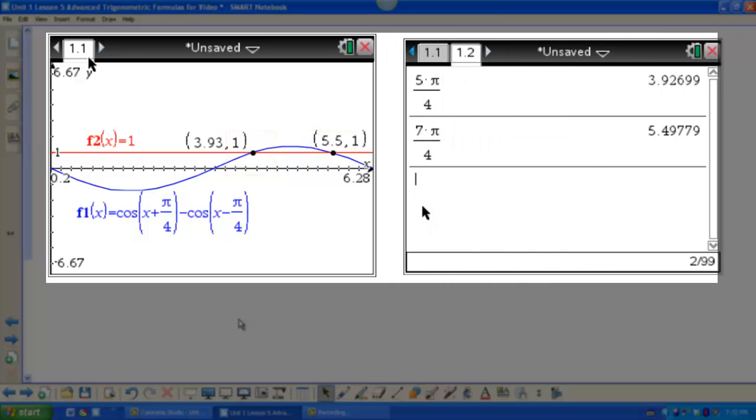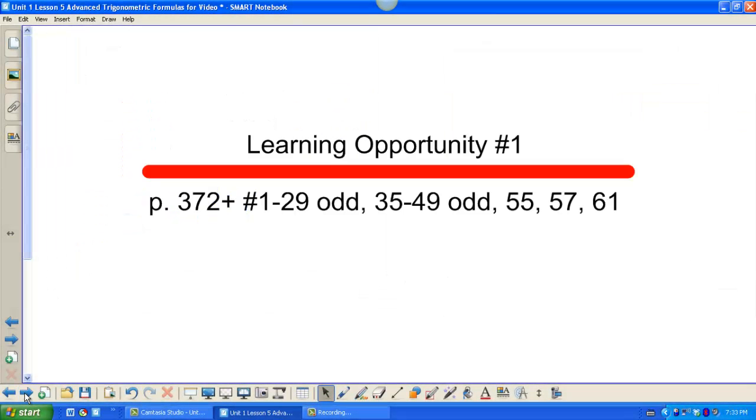So what I've done in the other screen is shown you that our answer of 5 pi over 4 radians is equivalent to 3.92 or 3.93 when rounded as a decimal form, and that 7 pi over 4 would be equivalent to 5.5 in rounded decimal form. So our graph, our algebra, all makes sense.